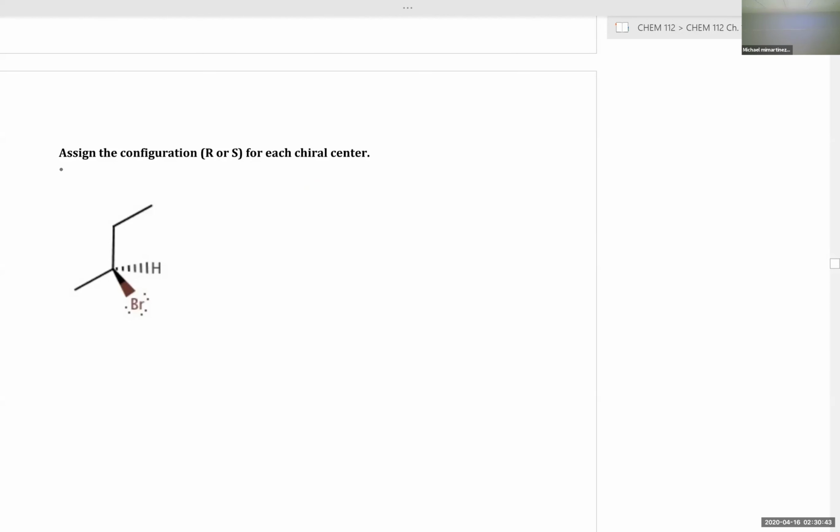So we're asked to assign the configuration R/S for each chiral center. So let's make a model. I may seem like a broken record at this point, but if you make your model, you will save yourself a lot of grief. So there's really no reason not to.